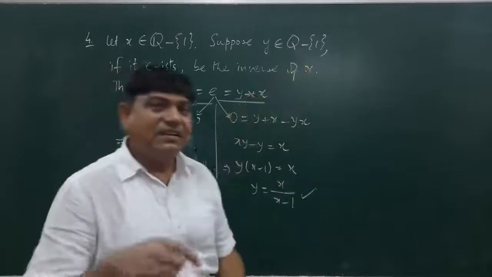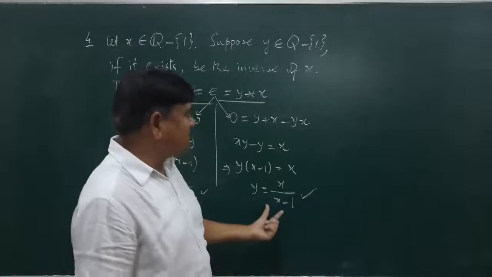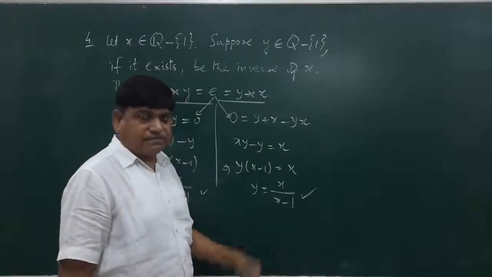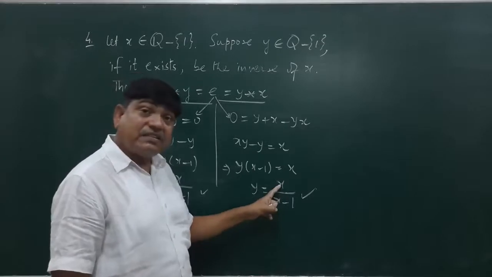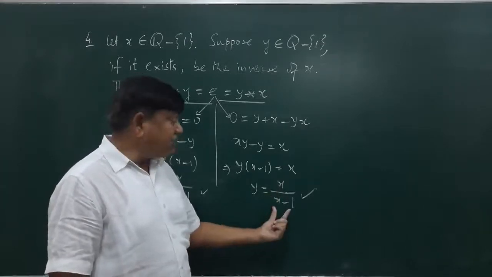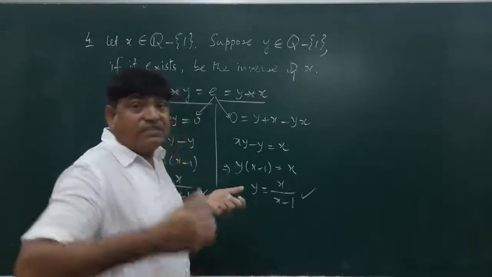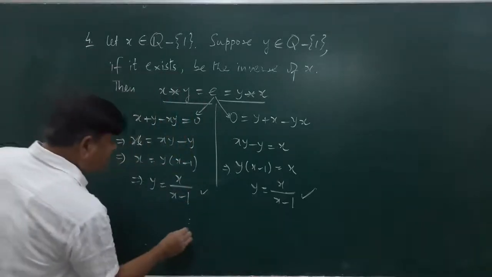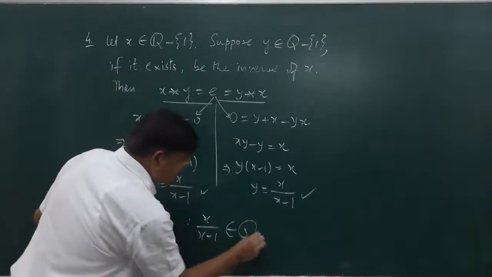That is why we have not taken 1 in that set. Calculating the inverse in that set creates difficulty. What is x? Rational. x minus 1, again rational. Division of two rational numbers is a rational number. Therefore, x upon x minus 1 belongs to this.